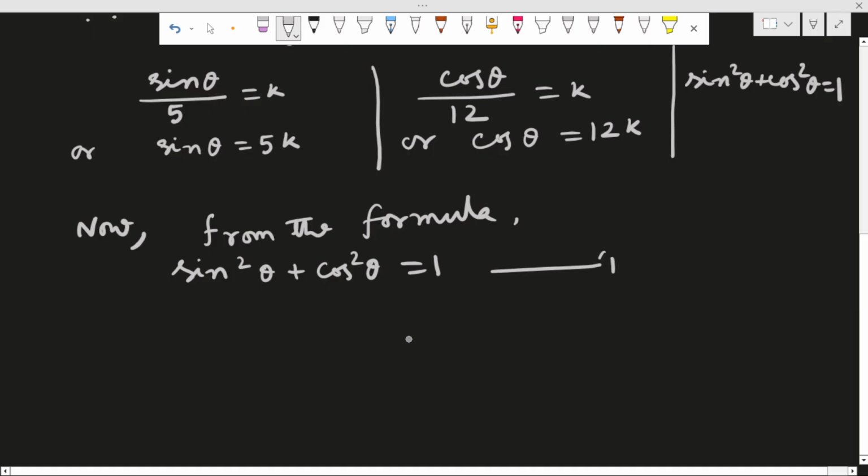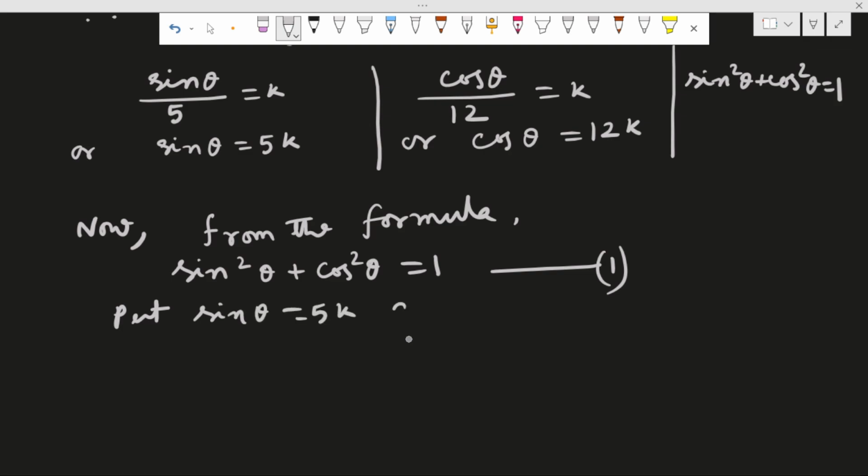Name it equation 1. Put sin theta is equal to 5k and cos theta is equal to 12k in equation 1.